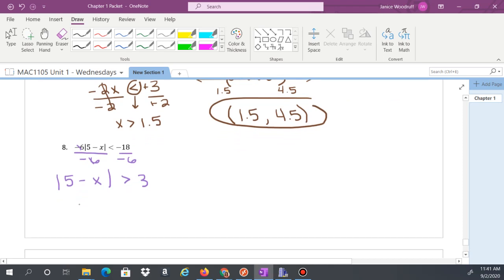So when I'm setting up my two equations here, I've got 5 minus x is greater than 3. 5 minus x is less than negative 3. So let's see, I'm going to subtract 5. I'm going to get negative x is greater than negative 2. Then I got to divide by negative 1. So I'm going to flip it again.